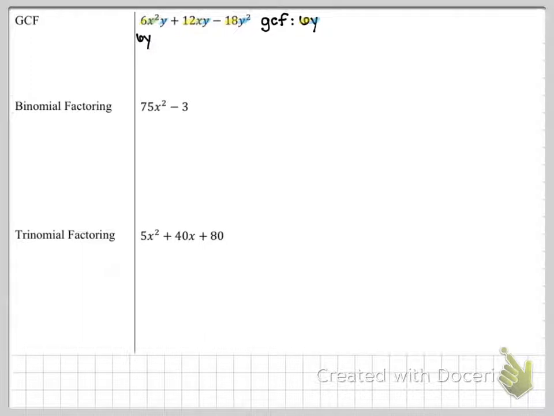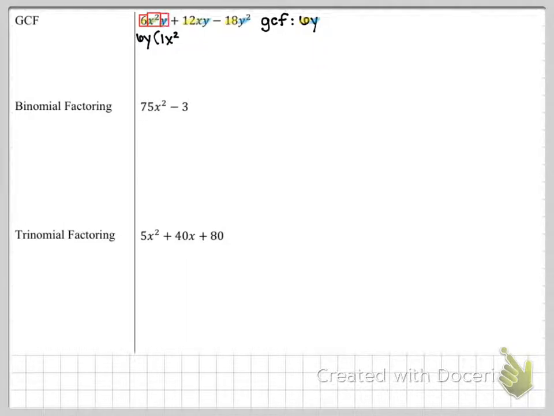And then what we're going to do is we're going to divide. So I'm going to take a look at this first part here. And we're just going to kind of dissect it a little bit. So if I take a look at the 6, well, I know that my GCF of 6 divides into that 6 once. Okay, then I'll take a look at the x squared. So I'm just going to go piece by piece. I didn't take any x's out, so the x squared is still inside.